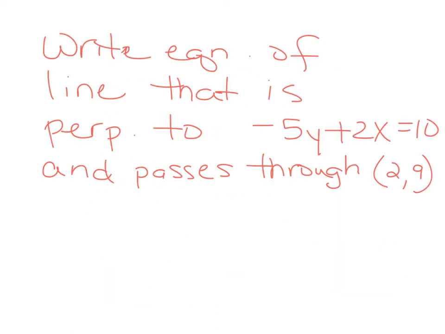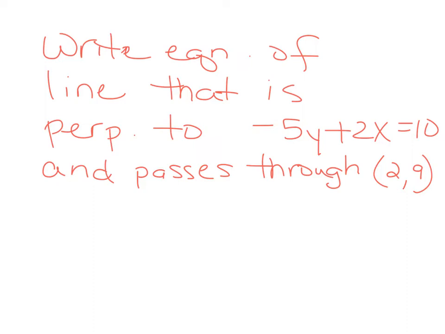All right, so here's an example of what you might see on your review. Write an equation of a line that is perpendicular to negative 5y plus 2x equals 10 and passes through (2, 9). On this weekly review, we're putting everything in slope-intercept form, so this answer is going to be in slope-intercept form.